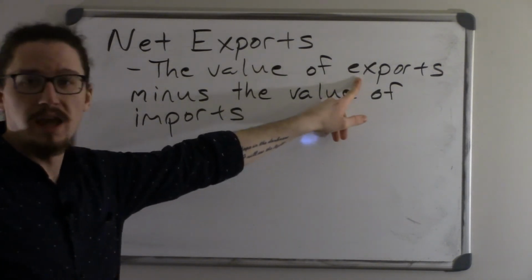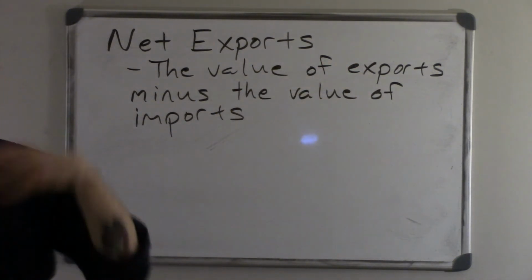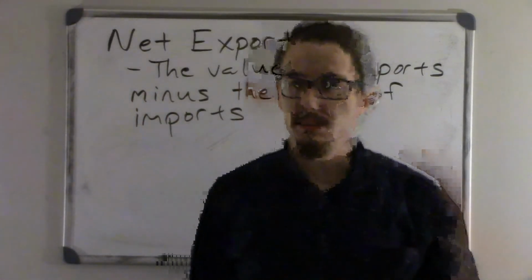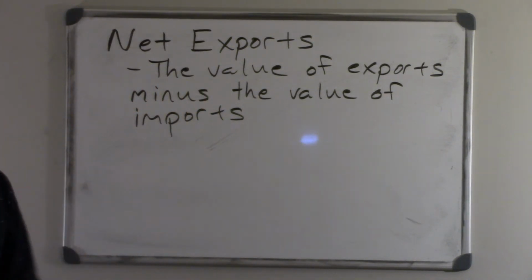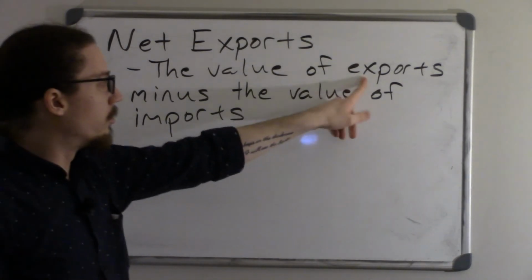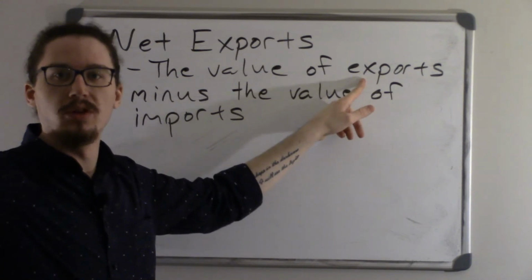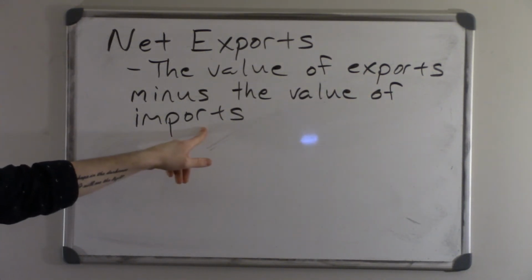So one, we want to take into account the productivity of the exports, the stuff that's not going to be bought at home, so it's not going to get included in consumption spending or government spending or investment spending, because it's not being bought in the United States, so we're not keeping track of that. We're taking care of it right here. What's the value of the productivity that we're sending to other people?